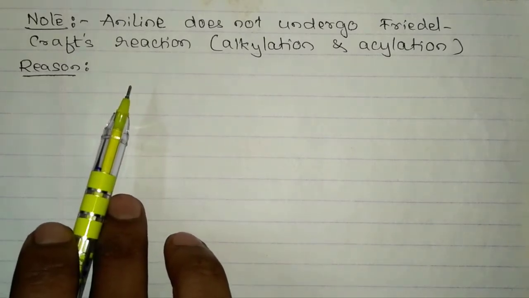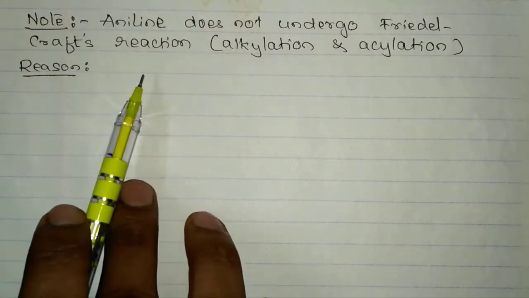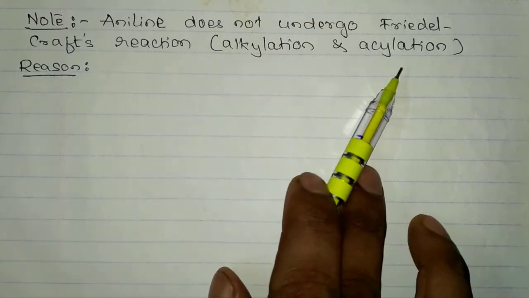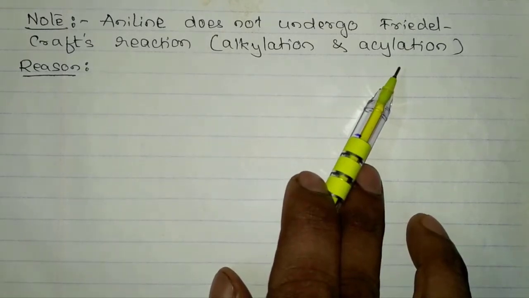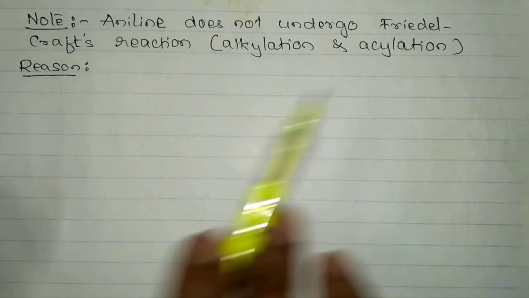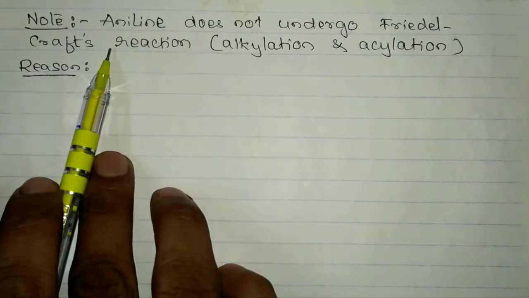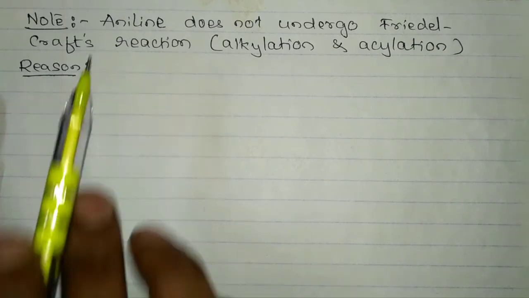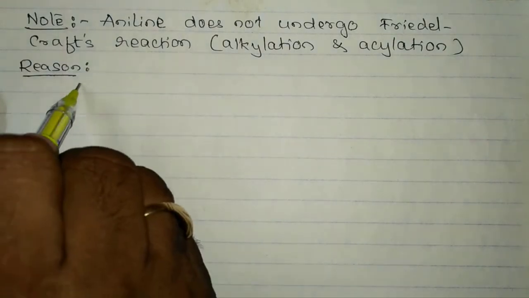Aniline does not undergo Friedel-Crafts reaction, that is Friedel-Crafts alkylation or acylation, because aluminum chloride, which is used as catalyst for Friedel-Crafts reaction, acts as Lewis acid.